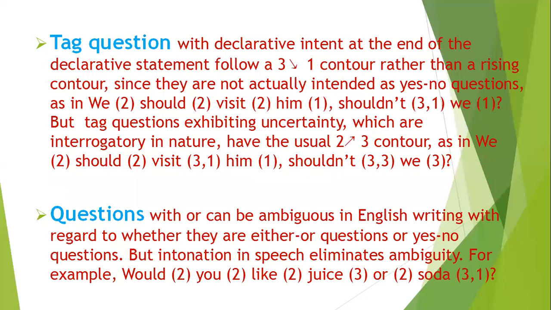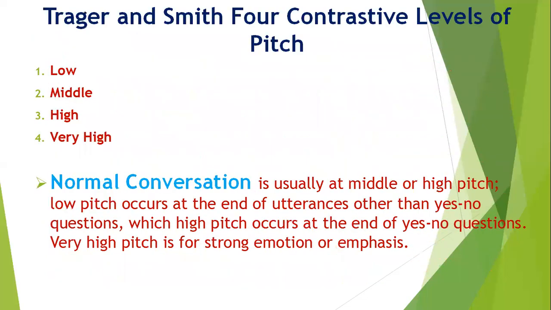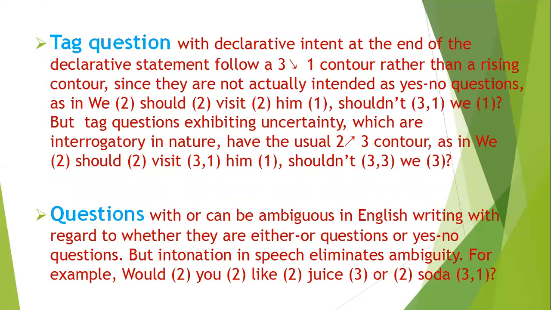Now we move on to the next level. We have tag questions, with declarative intent at the end of the declarative statement. You follow a 3, then fall intonation, a 1 contour, rather than a rising contour, since they are not actually intended as yes-no questions.